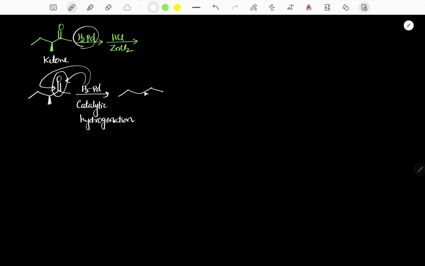Therefore, we get corresponding products. Suppose hydrogen attacks from below the plane, we get OH above the plane. Now, suppose hydrogen attacks from above the plane, we get OH below the plane. So this is catalytic hydrogenation.